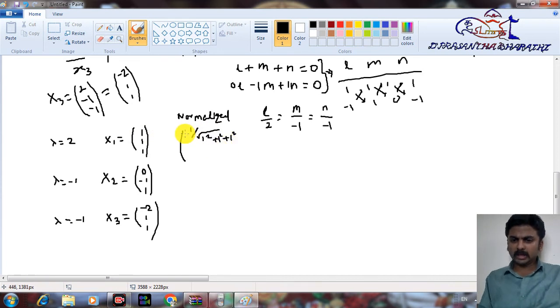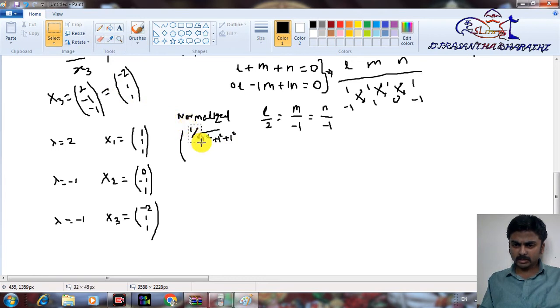The second element is also the same, and the third element is also the same.